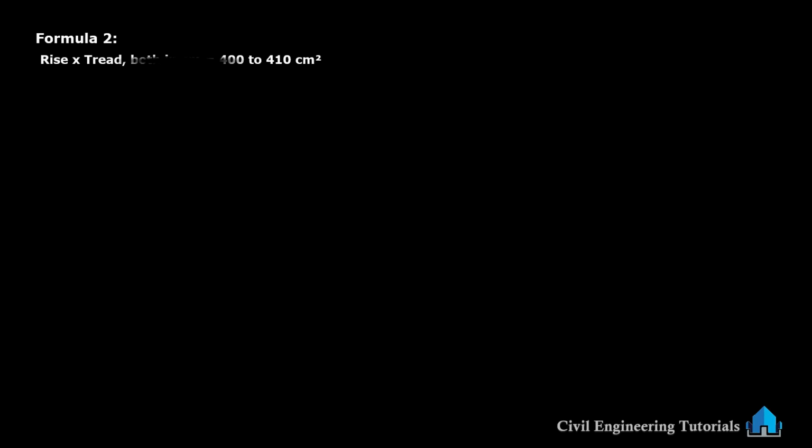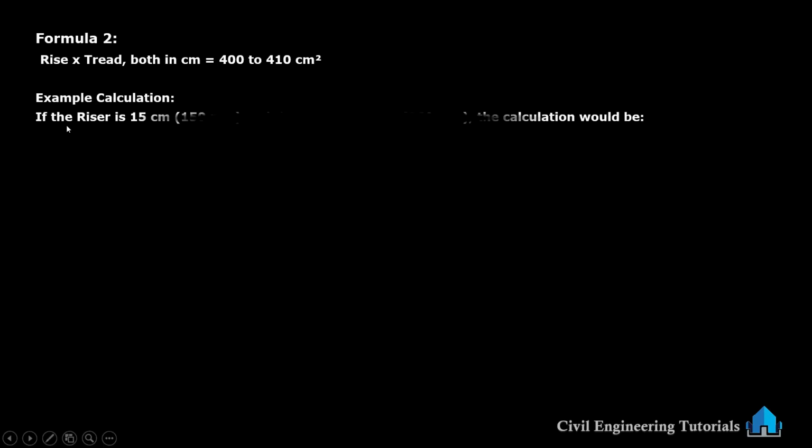The second formula is rise into tread, both in centimeter, should fall in between 400 to 410 centimeter square. So for example, if the riser is 15 centimeter, 150 mm, and the tread is 26 centimeter, 260 millimeter, then the calculation would be 15 centimeter into 26 centimeter, it is 390 centimeter square.